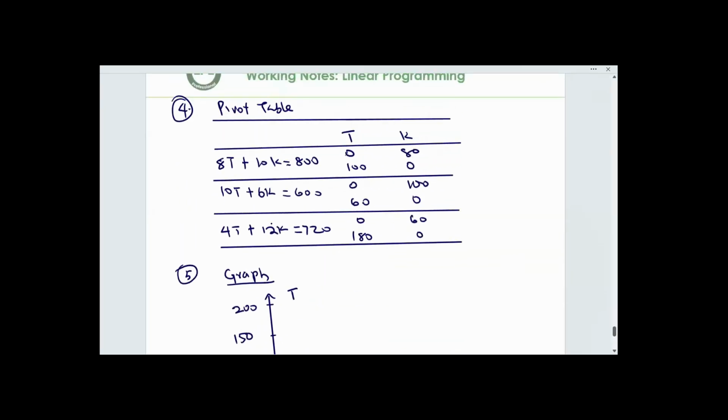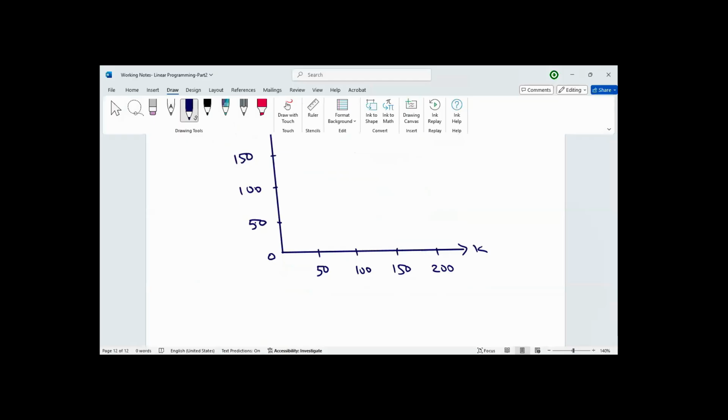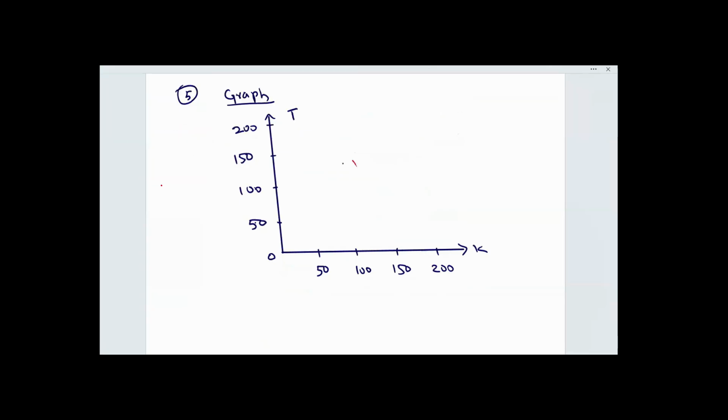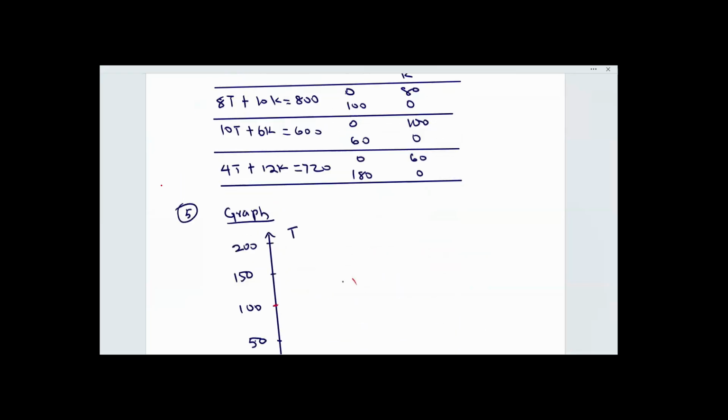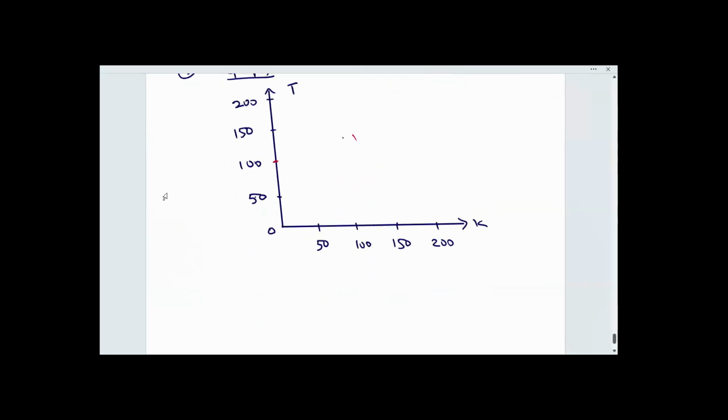So for the first equation, I don't need to waste time. Just go ahead and asterisk 100 for T. For T, where can you find 100? Let me change the color. So here is 100. You asterisk it. For K, K is 80. 80 is before 100.